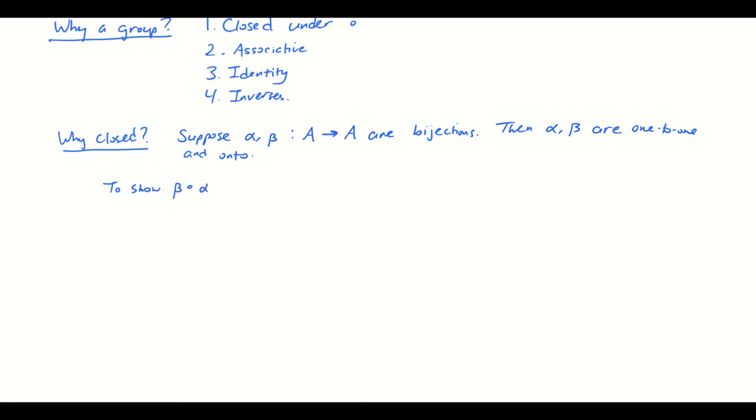Well, let's suppose that x and y are in A such that beta compose alpha of x equals beta compose alpha of y. Then we need to show that x equals y.